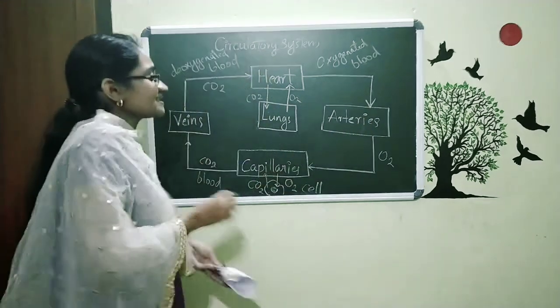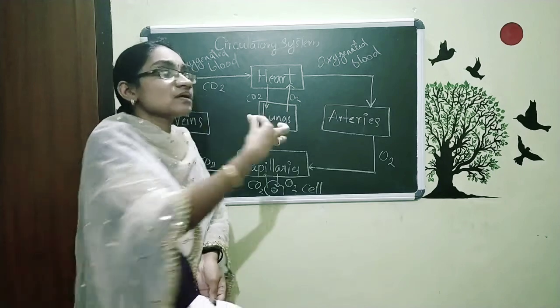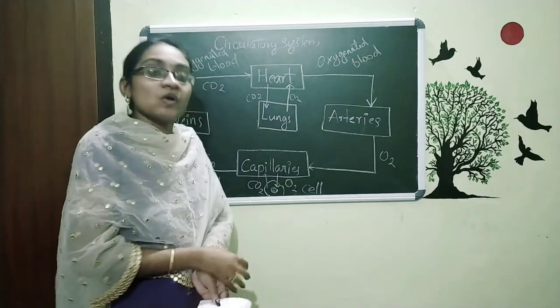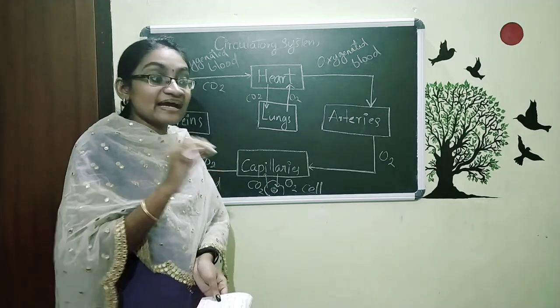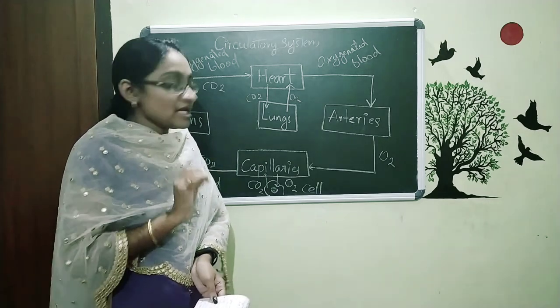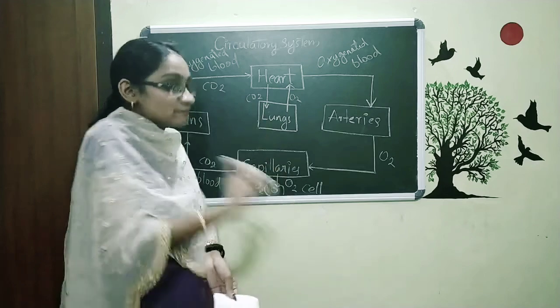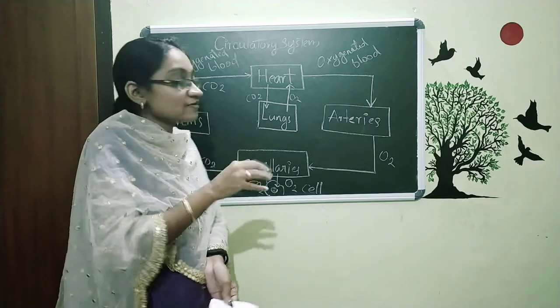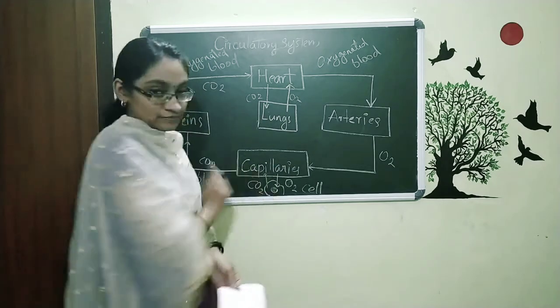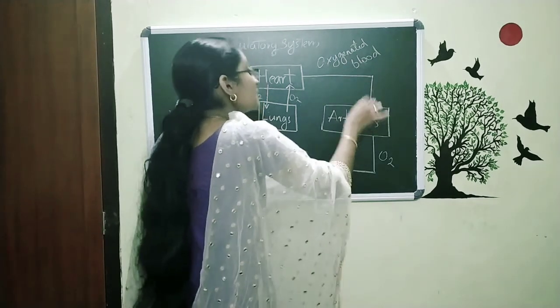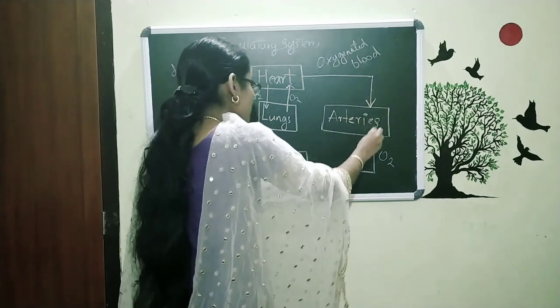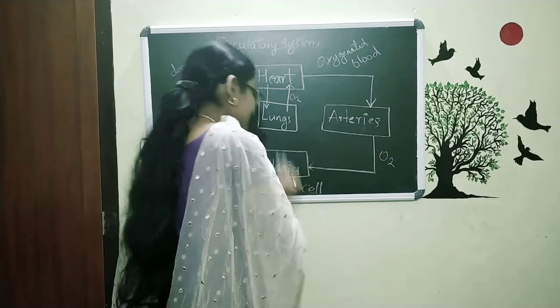Now the question is how the aorta sends the oxygenated blood to the different organs. In our organs there are a number of cells, and they absorb oxygen and give out carbon dioxide. So the oxygenated blood goes through the arteries to the cells.